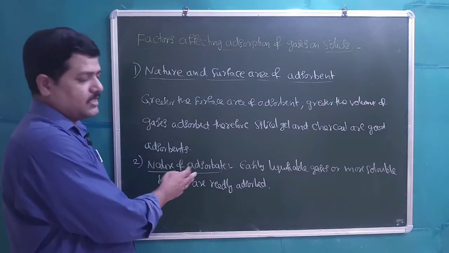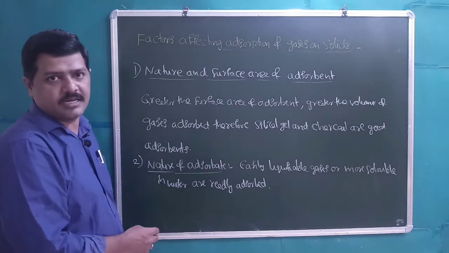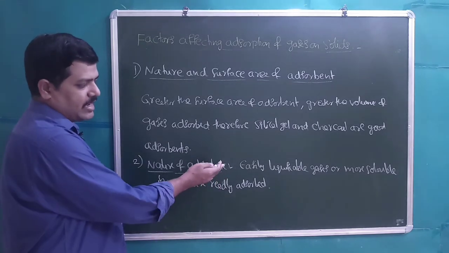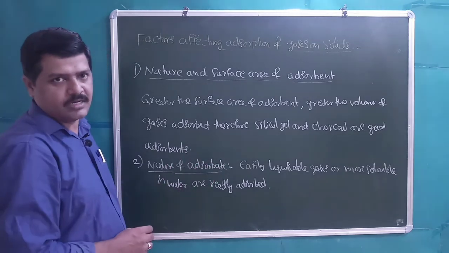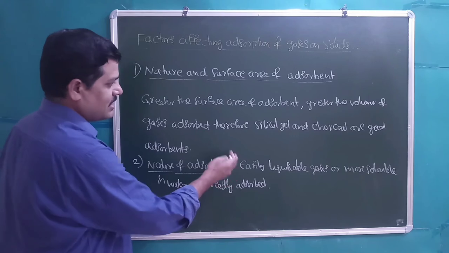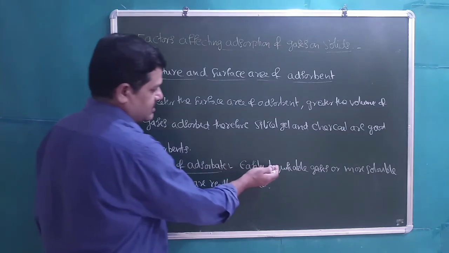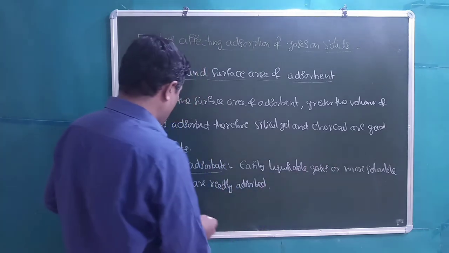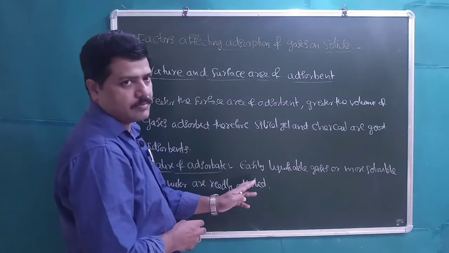So gases which are easily liquefiable, whose critical temperature is higher, can be easily converted into liquid. Those gases can be easily adsorbed on the surface of the solid. Easily liquefiable gases are more soluble in water. Those types of gases are readily adsorbed.